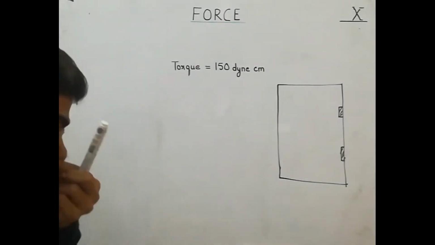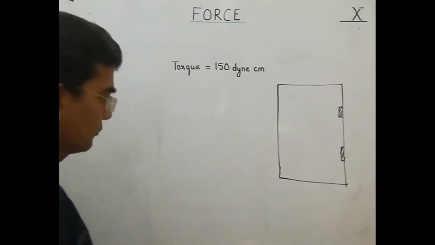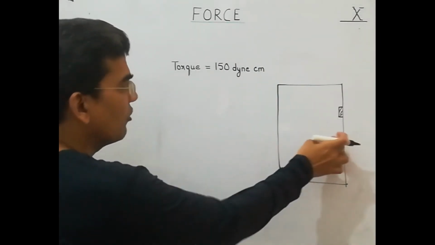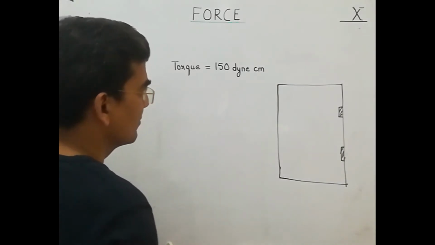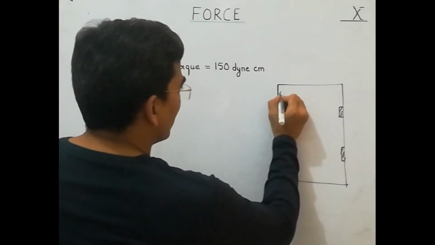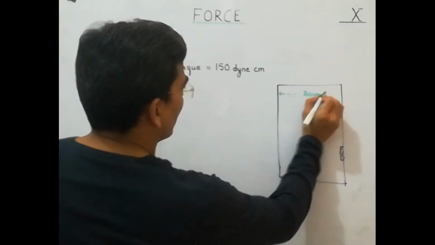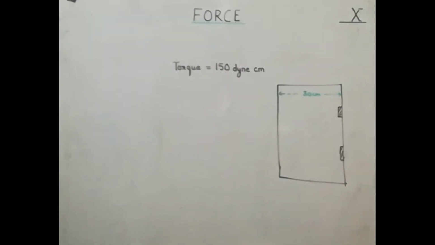Dyne centimeter. Now there are 3 persons who want to open this door. Okay. Let the width of the door be 30 centimeter.